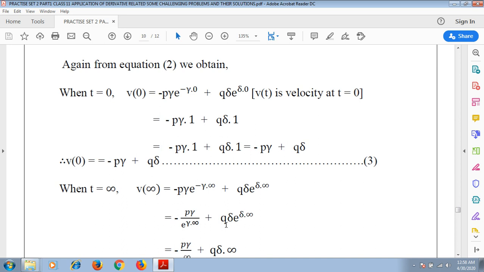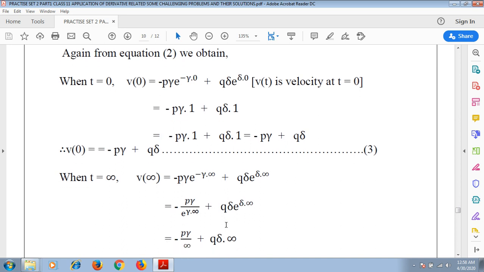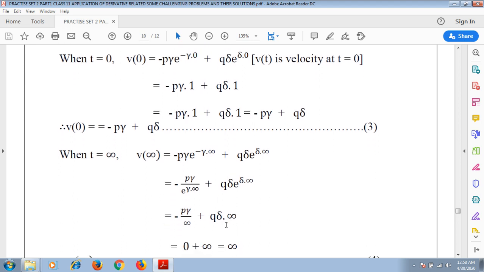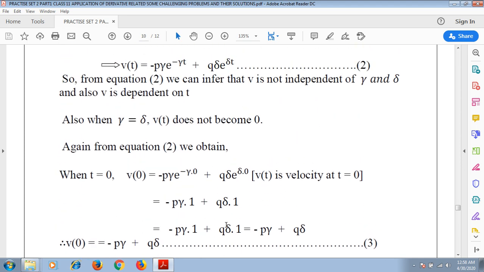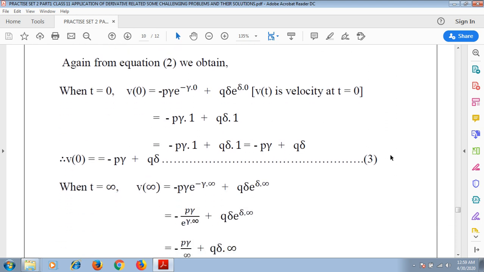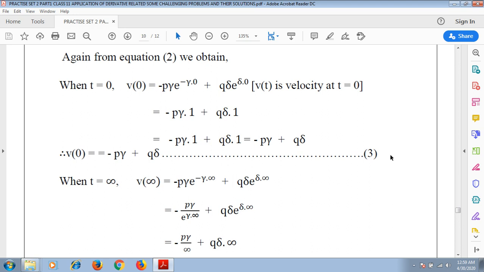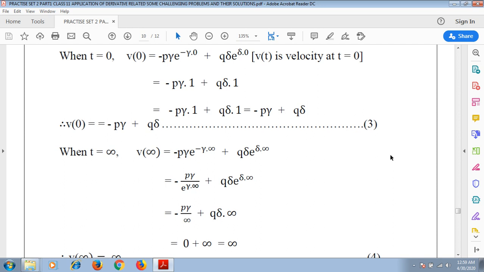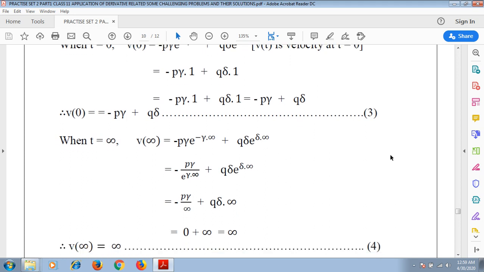Now what is happening when t becomes infinity? We have V infinity, that is velocity at t equals infinity, and we put t equals infinity in the expression of Vt from equation 2, that is Vt equals minus P gamma into e to the power minus gamma t plus Q delta into e to the power delta t. So V infinity equals minus P gamma into e to the power minus gamma infinity plus Q delta into e to the power delta infinity, that is minus P gamma divided by e to the power gamma infinity plus Q delta into e to the power delta infinity.